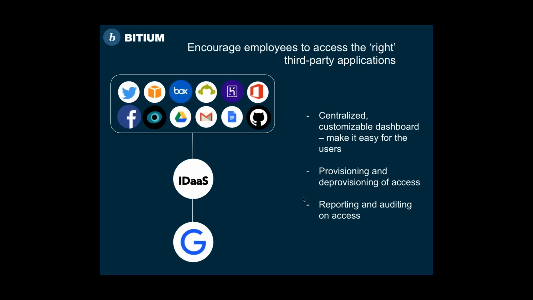So how do you give users access to those things? Google will give you access to the applications in the Google Apps Marketplace and the applications that Google themselves vends, but it's not going to give you a list of everything. That's what your identity solution provides, and you want one that plays well with Google.